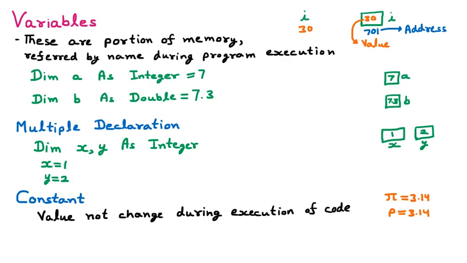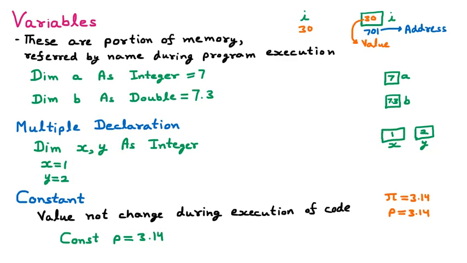So let's say you want to declare this p as a constant. We will write Const, the keyword for constant, Const p, and we will initialize the value, which is 3.14. This way p is now a constant. If anybody wants to change the value, it will not be changed and a warning will be shown.